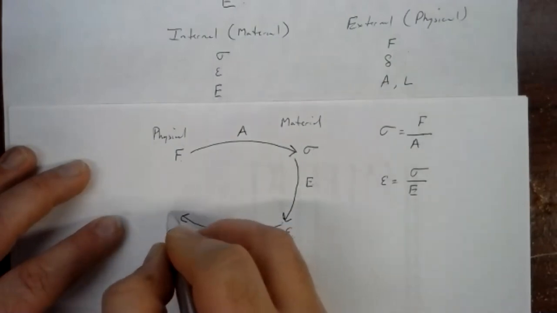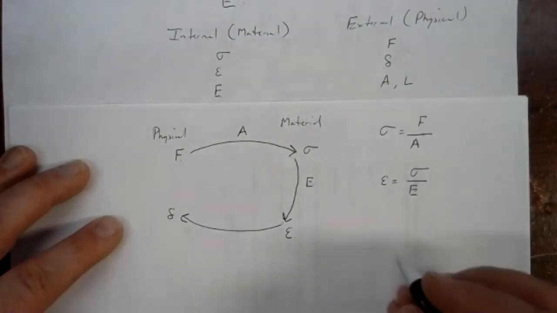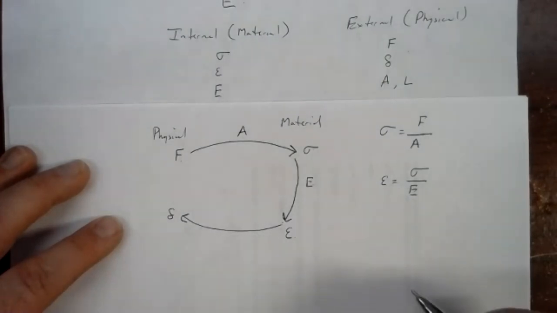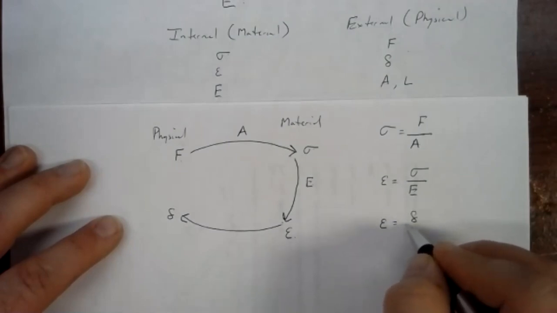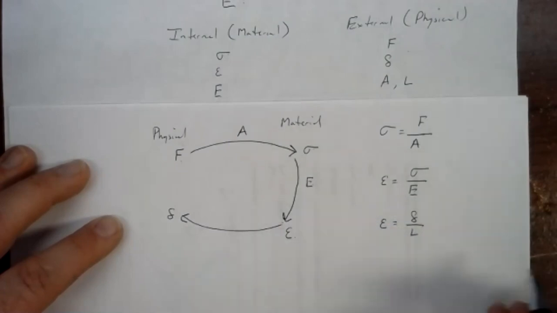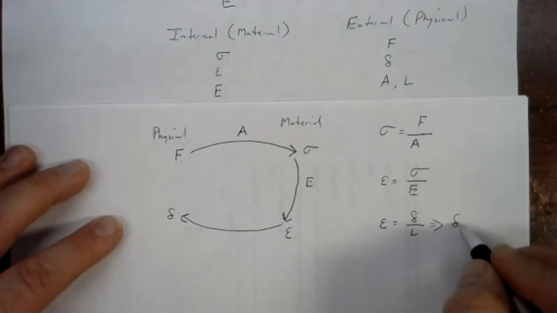We can get over here to our elongation by using strain. The definition of strain was that strain was the deformation over the length. If we cross multiply that out, we get that the deformation is the strain times the length.